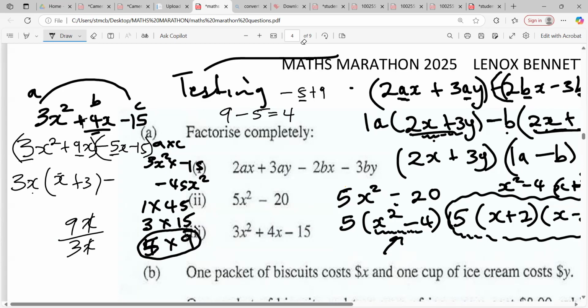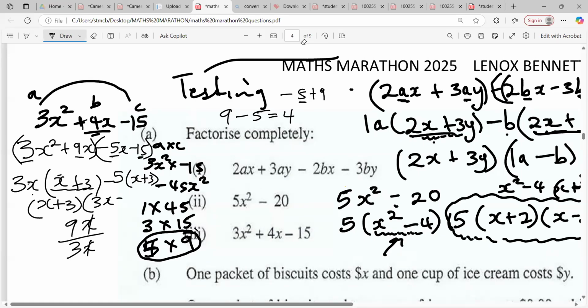What's the highest number that can go into 15 and 5? That would be 5. And of course, we divide negative into negative, positive. Negative 5x into negative 15 gives positive 3. And of course, we pull out the one that is common, x plus 3, that forms one bracket, and then what is outside, which is 3x minus 5. So this will be our answer.